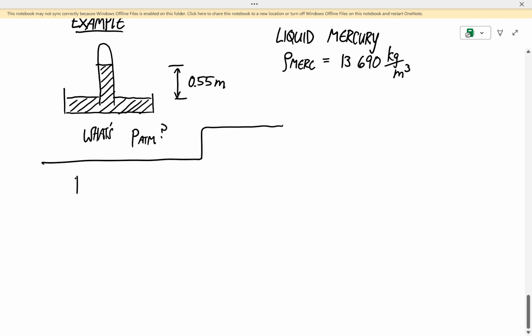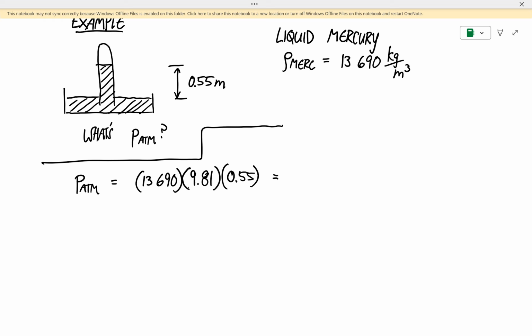Well, the equation says that the atmospheric pressure is the density of mercury times the acceleration of gravity, I said 9.8 before. In this calculation, I'm using 9.81. It's about 9.806, so either one of those is kind of okay. Times a height difference of 0.55.